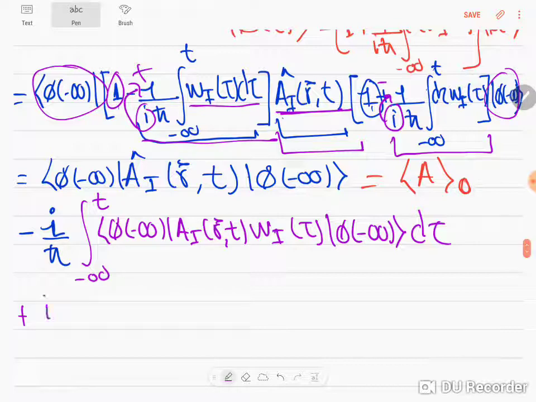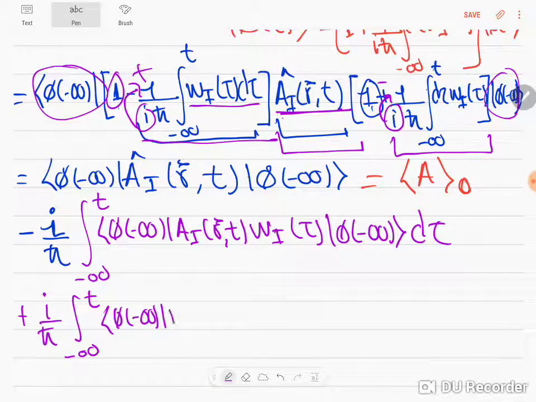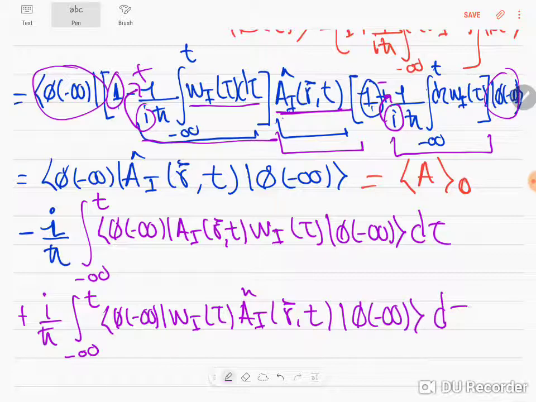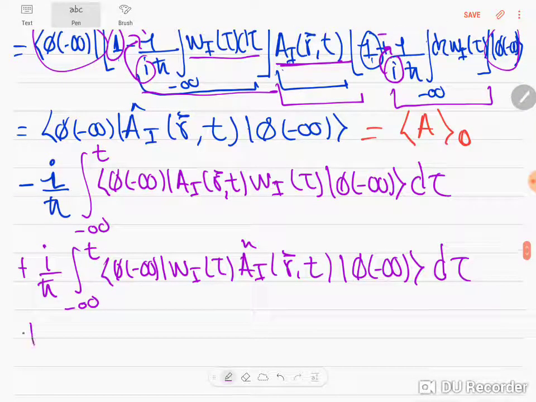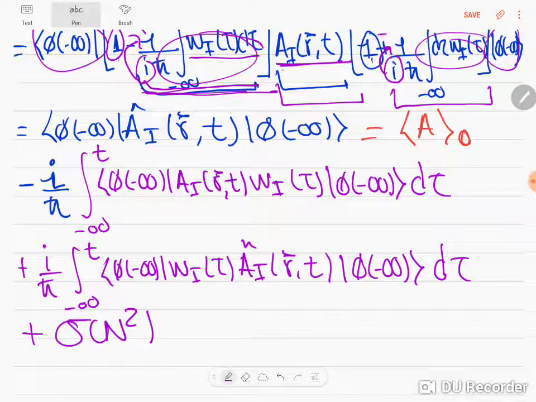So I write plus i over ħ, the integral from minus infinity to t, φ(−∞) W_I(τ) A_I(r,t) acting on φ(−∞), dτ, plus corrections of second order, which is what would happen if I multiplied this term with this term, giving products of the perturbation at different times.